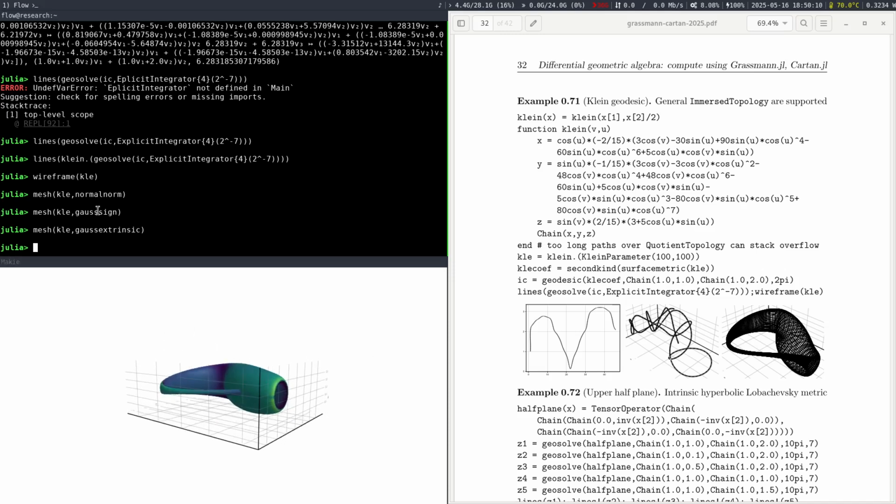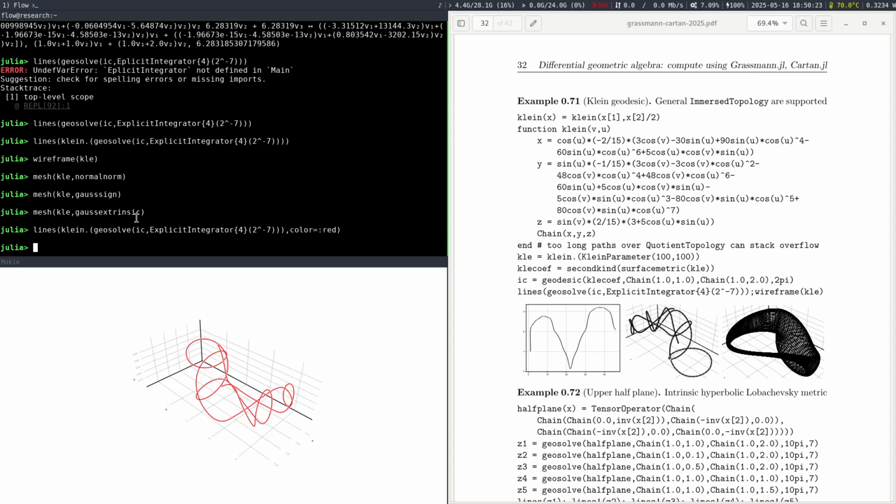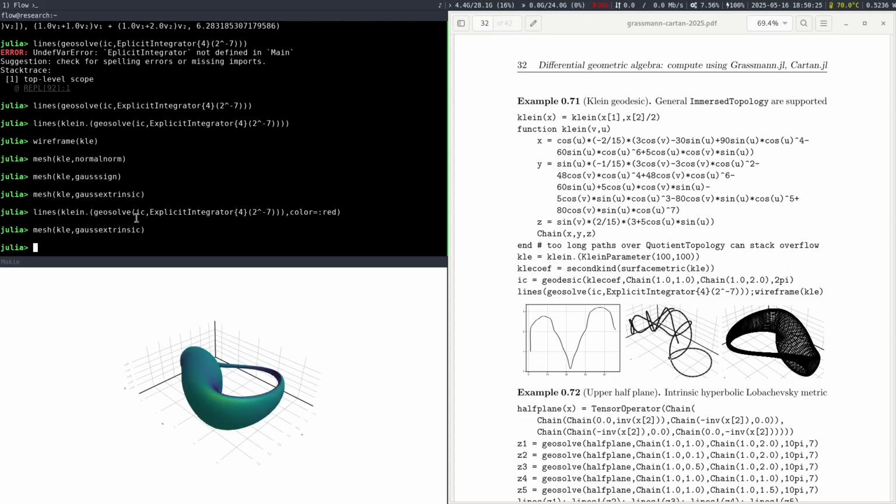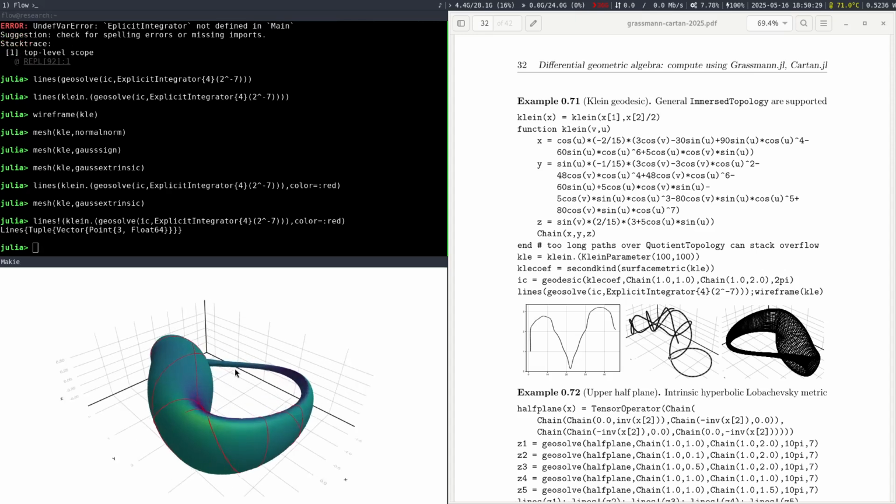So yeah, and then we can put the geodesic line. There you go.